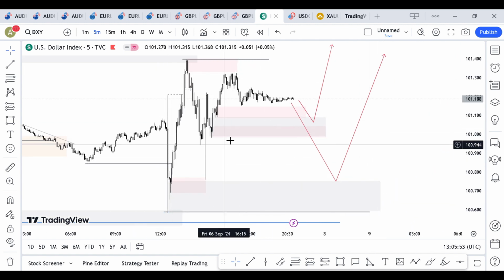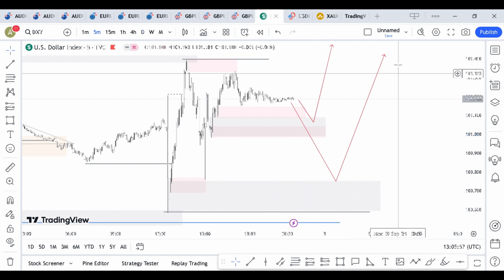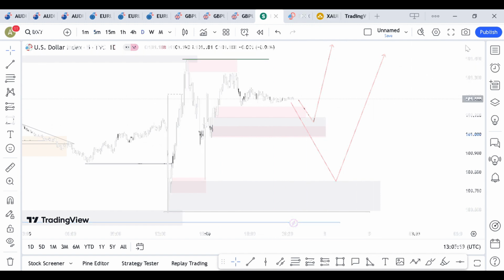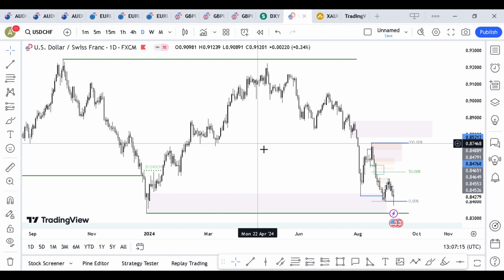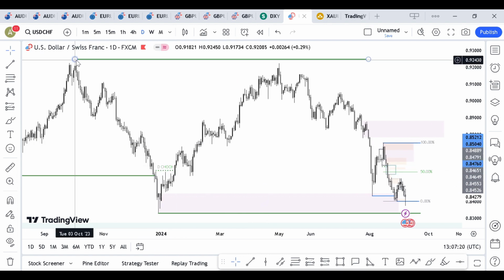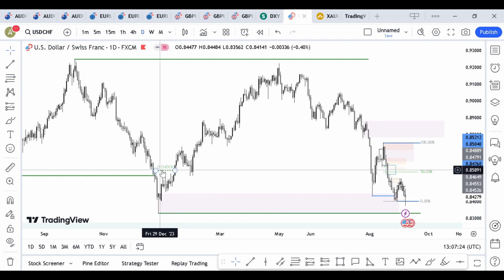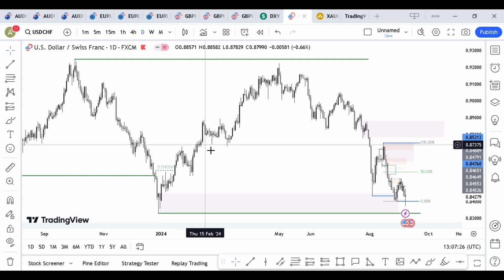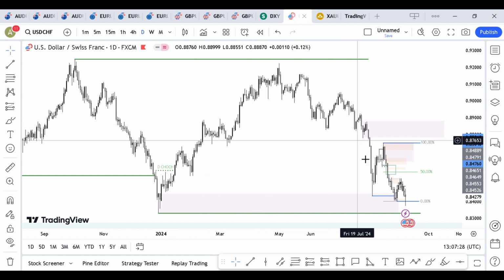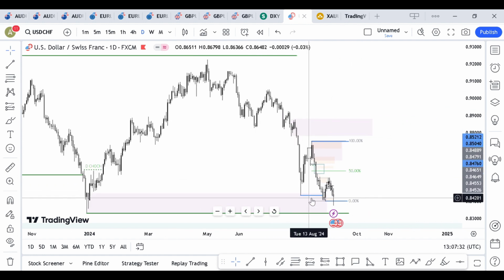So let's jump now to the last two pairs, that is USD CHF and gold. USD CHF, a very interesting pair, had a daily change of character. We were playing between this high and this low, had the daily bullish change of character, and price shot up. It didn't come to the extreme, but that happened later with this wick, though it actually touched the edge.